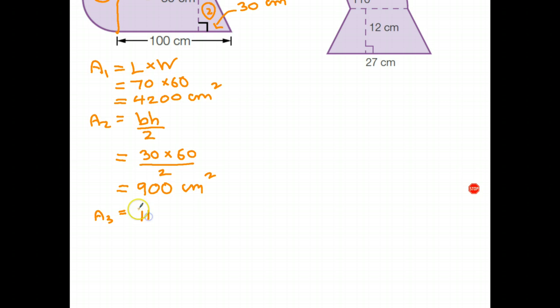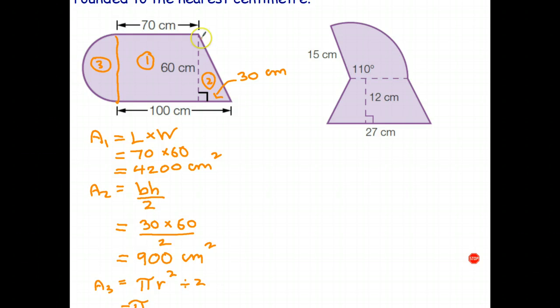Okay, now a whole circle is pi r squared. A half circle, I could either put it over 2 or I can just divide by 2. So I've got to just use a bit of common sense there. Now, what is the radius of the circle? Once again, you've got to be a little bit careful. That distance is 60, but that's not the radius.